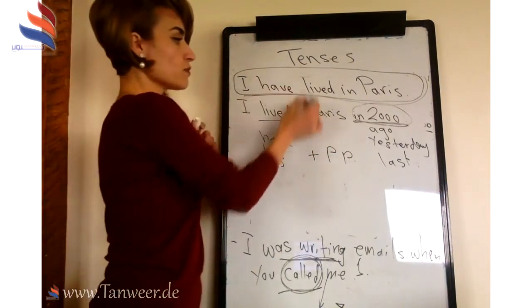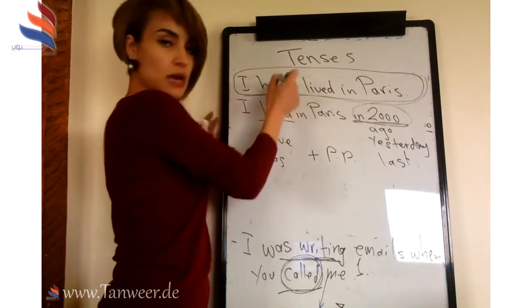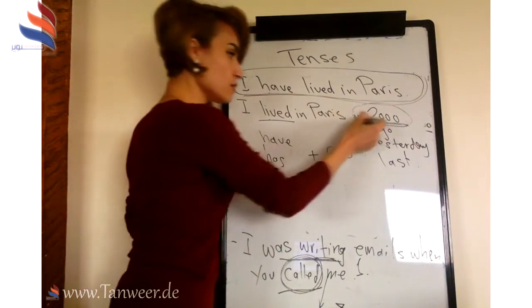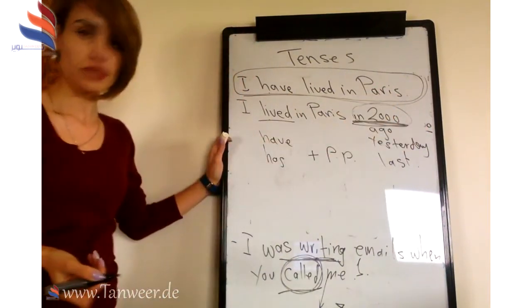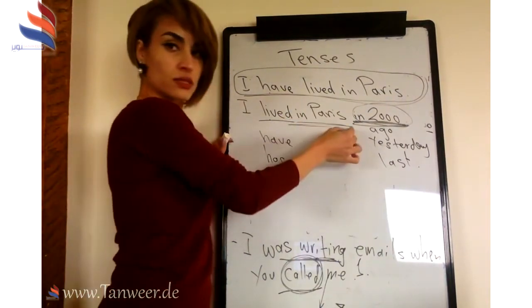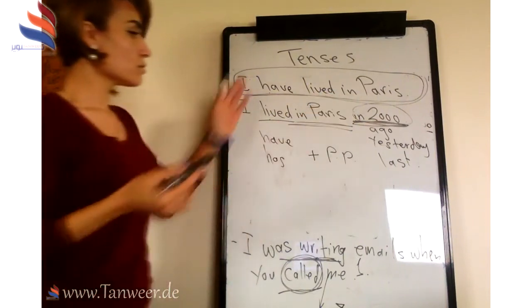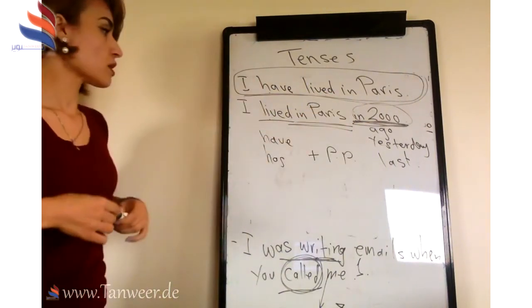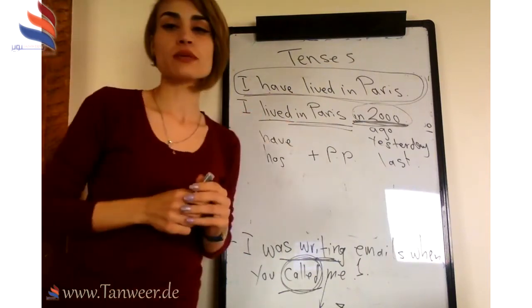And don't get confused between present perfect and simple past. Both of them happen in the past, but here we have definite time, here we don't. Okay? Here it's a completed action, here it might not be. Okay? So this is when we talk about present perfect and simple past.